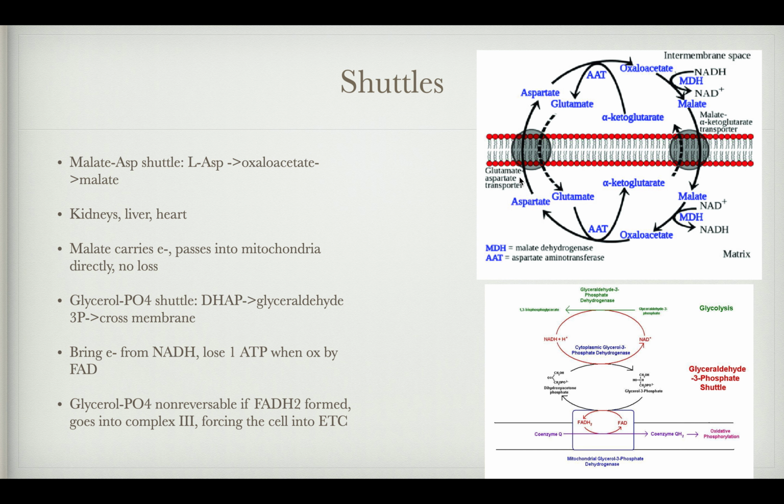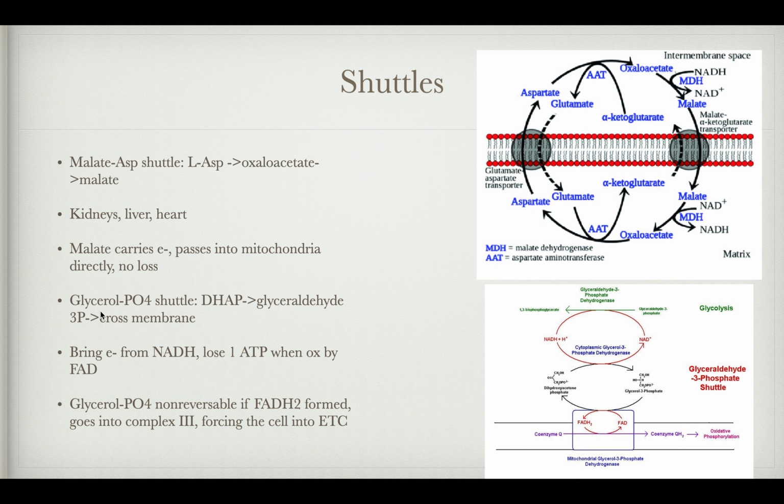This would just be like a facilitated diffusion out to go with its concentration gradient, of course. So this is efficient, as you can see. You don't lose any energy, and it's going to be in the organs that require a lot of energy, such as the kidneys, the liver, and the heart.